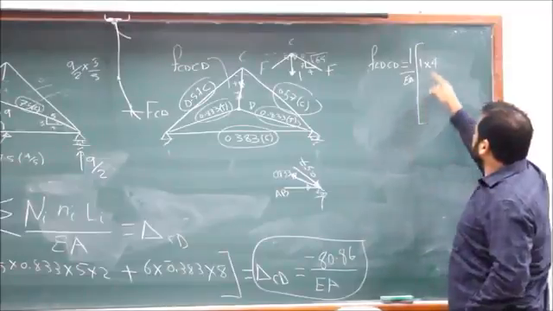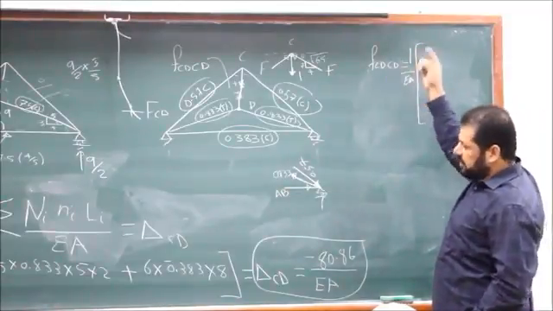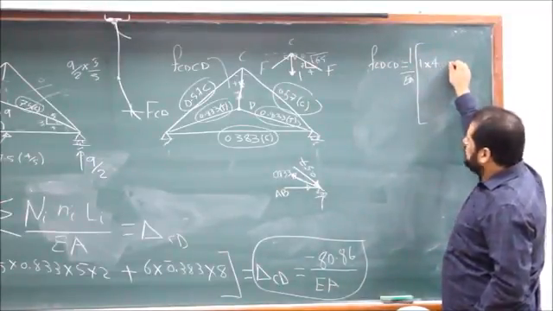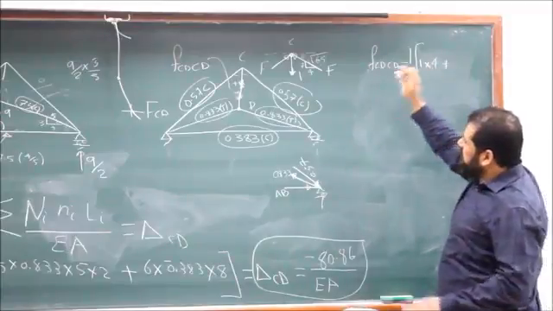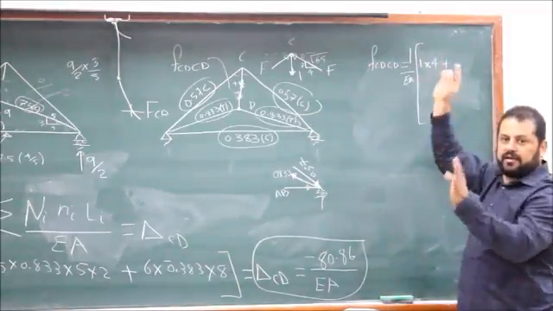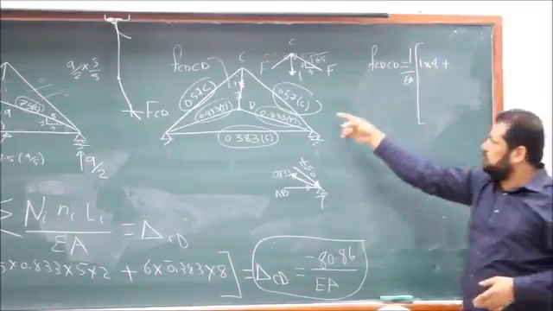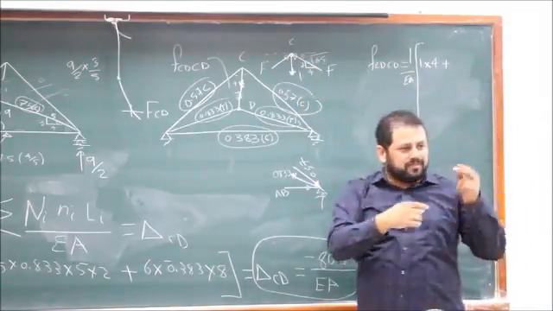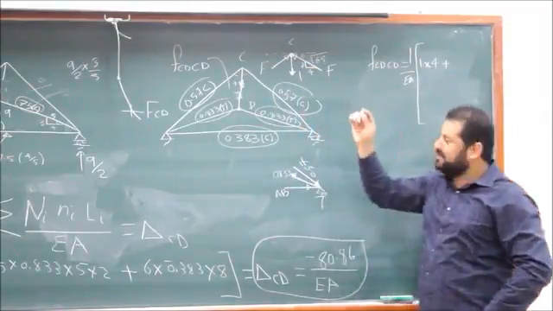So 1 square, which is 1 times 4. Tension. Everything should be positive here. Everything squared. Don't look at compression or put minus square. Just put it. We know it.